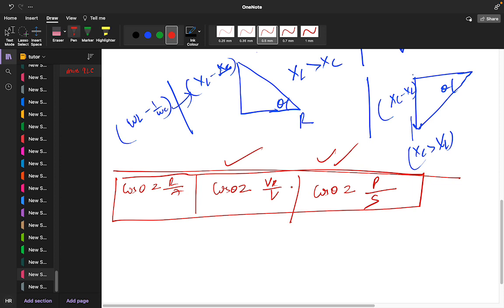Okay, that's good if you cleared this concept. Average value we discussed. Yeah, correct.